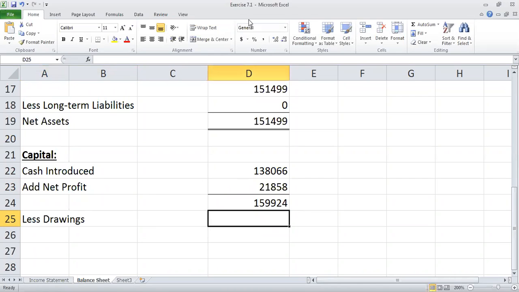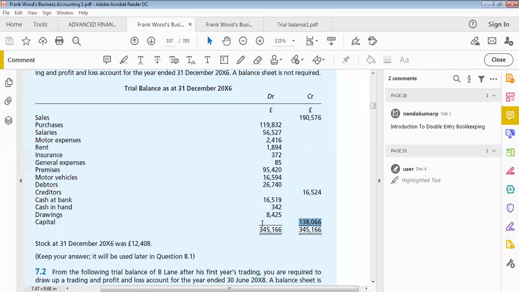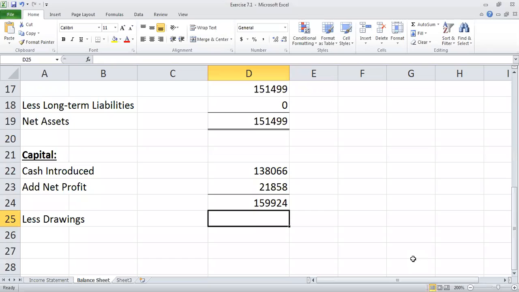Then we list drawings. Drawings is 8,425. We're subtracting drawings now.